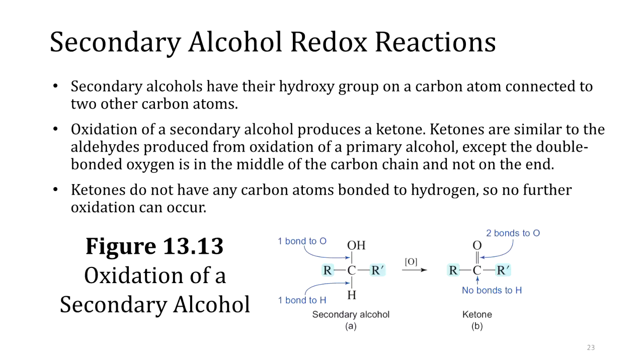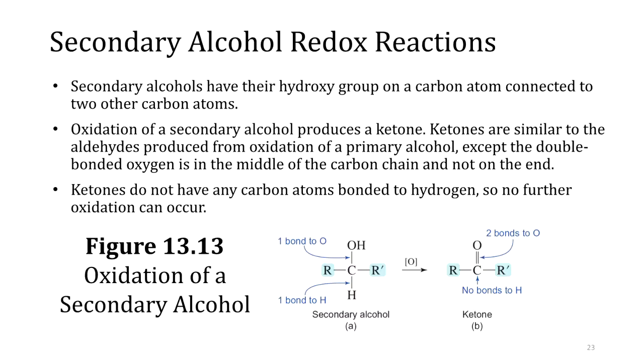Secondary alcohols have their OH group attached to a carbon, which has attachments to one hydrogen and two other carbon atoms. When you oxidize a secondary alcohol, you get another carbon-oxygen double bond, but in this case, you produce what's called a ketone. So a ketone is different than the aldehyde. The aldehyde, the carbon had an alkyl group and a hydrogen group. The ketone has two alkyl groups.